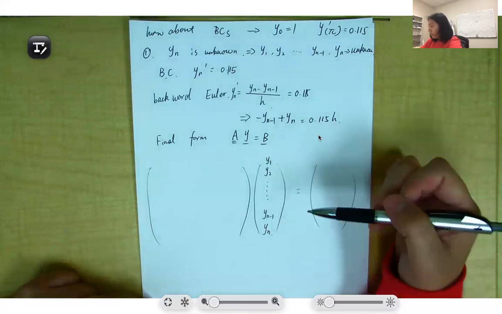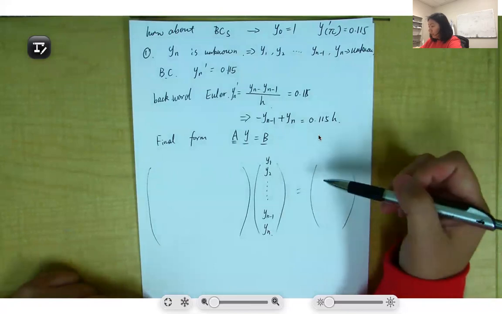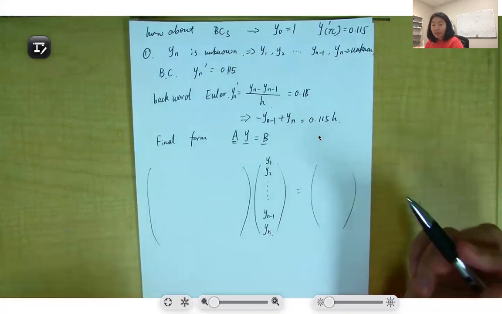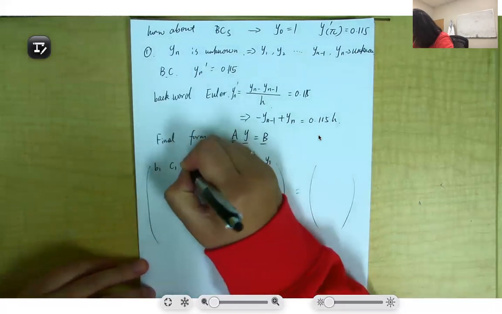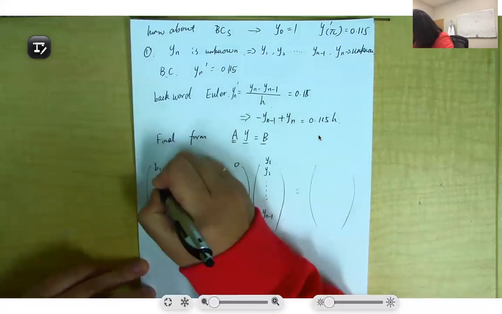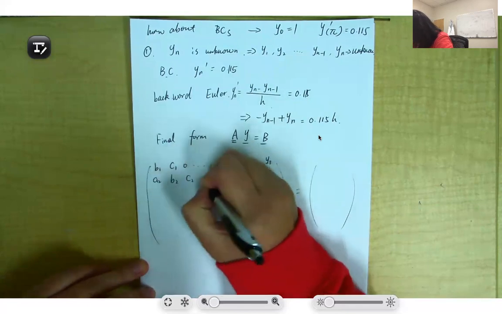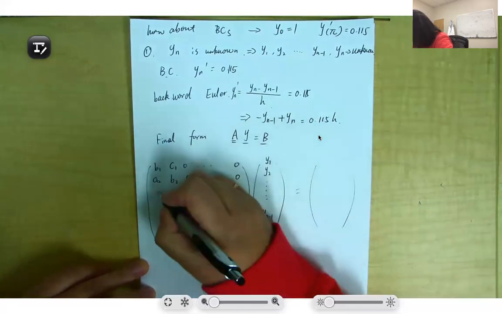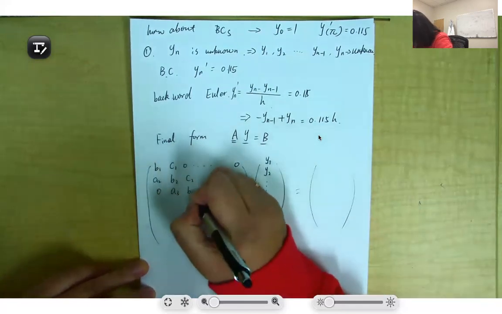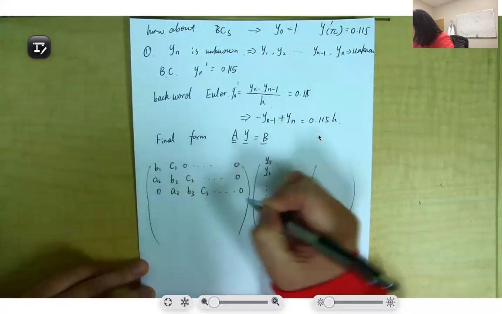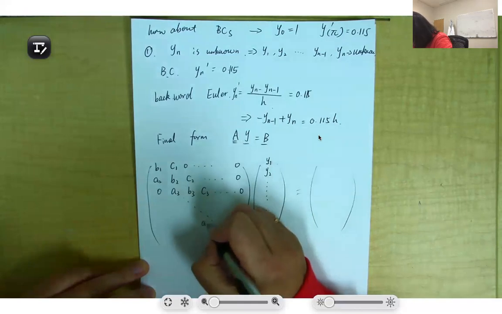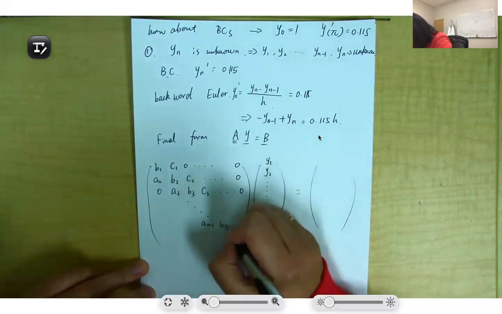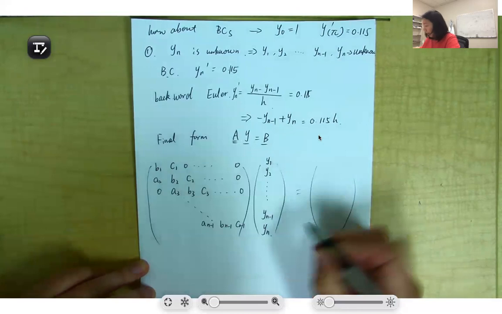Then the coefficients for the left-hand side boundary will still be the same: B1, C1, 0 until 0. A2, B2, C2 to 0. Then 0, A3, B3, C3 until 0. Then you have A n minus 1, B n minus 1, C n minus 1 for the yn.